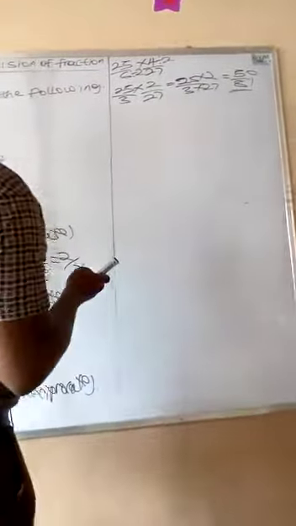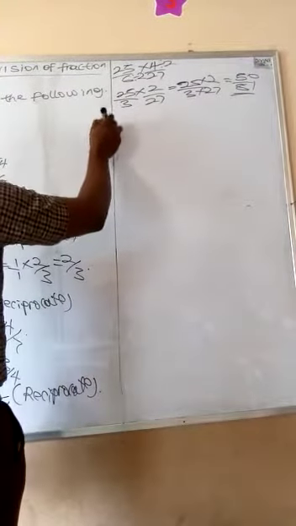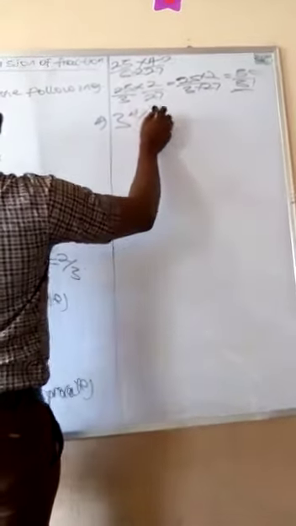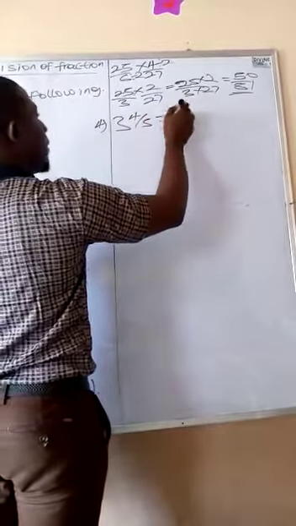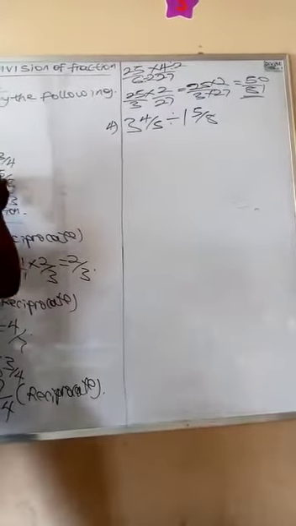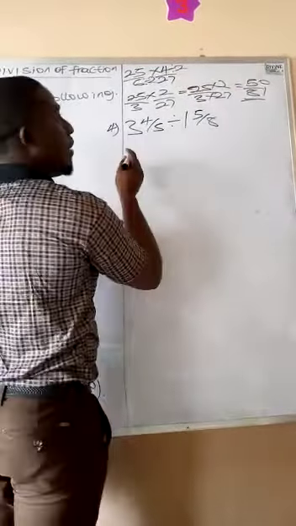Now, the next question, question number 4, we have 3 whole number 4 over 5 divided by 1 whole number 5 over 8. Now we're going to convert.